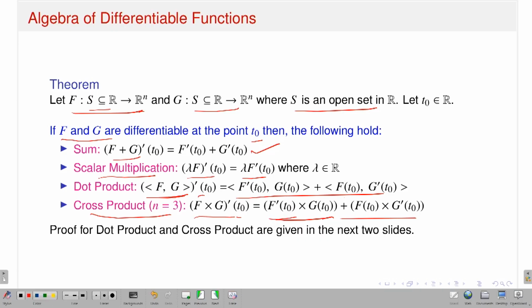I think in my next lecture I will talk about the proof of the dot product and cross product. If capital F and capital G are two differentiable functions from R to Rn, then the dot product is differentiable and you have the explicit expression of the derivative at the point t naught.